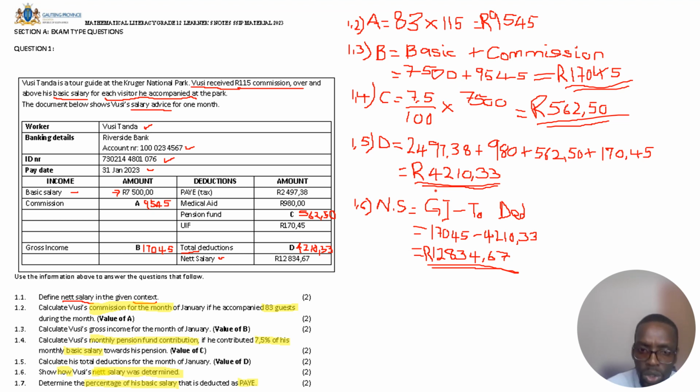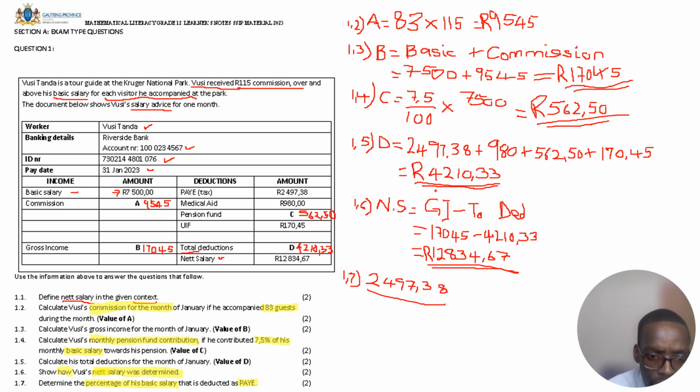So how do we do it? Question 1.7, very simple. This is the amount that was paid as PAYE, so it's 2,497.38 divided by, what is the basic salary?